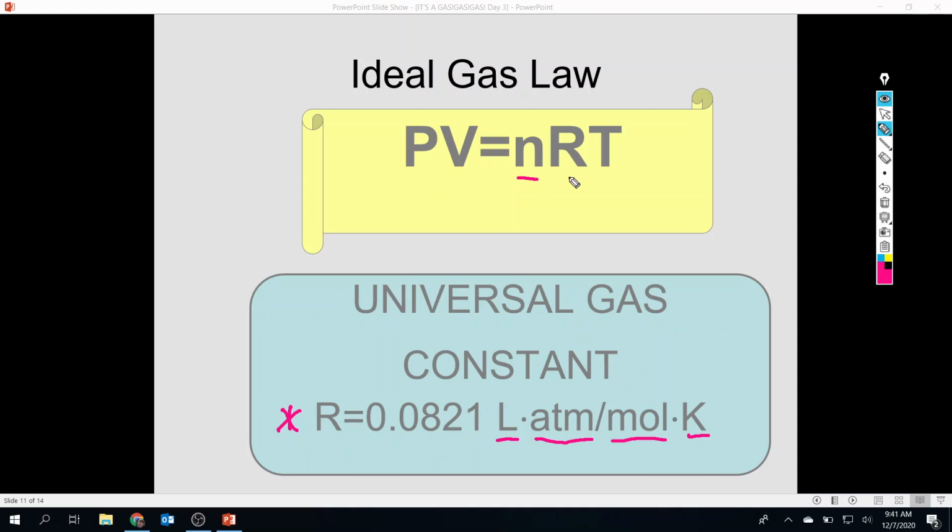This is PV equals nRT, again where P is pressure in atmospheres, V is volume in liters, n is number of moles, the amount of gas in moles, R is this universal constant right here, so it is always that number, and T is in Kelvin, okay, our temperature in Kelvin. All right, so let's work a sample with that also.